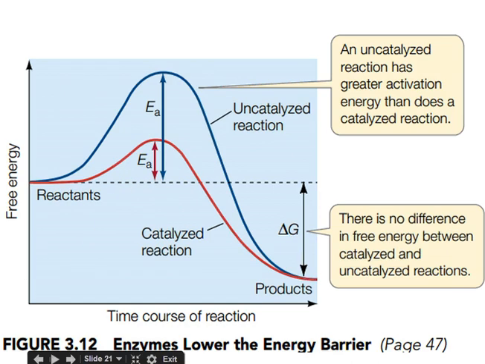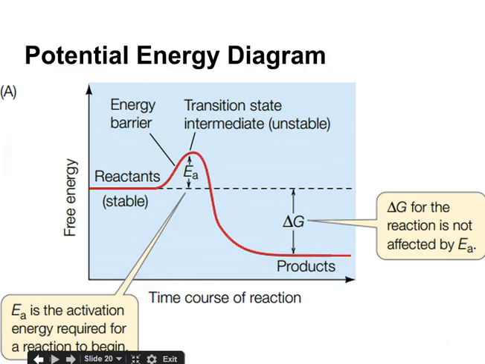So the activation energy is the energy required to have a reaction start. Now, important right here, notice that delta G along the side over here is not affected by the activation energy, because as you're going up the energy barrier from the reactants, heading towards that transition state, that amount of energy is eventually going to be released again once you've reached the level of the reactants again.